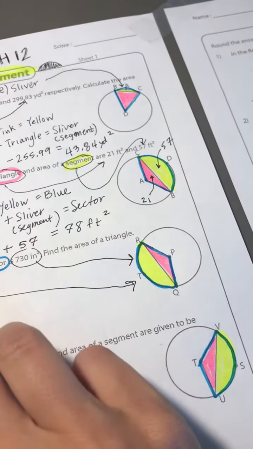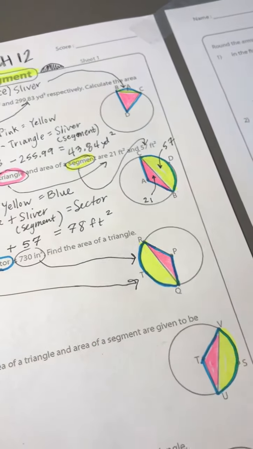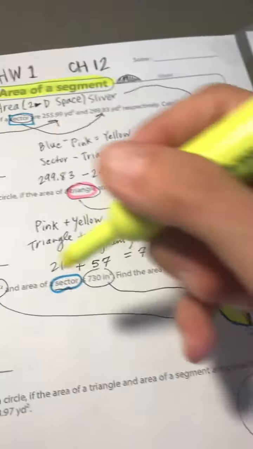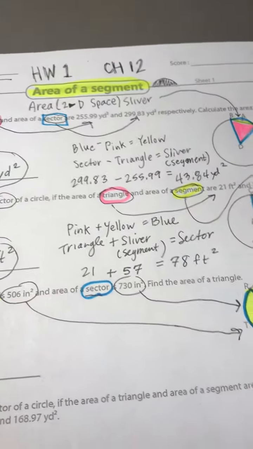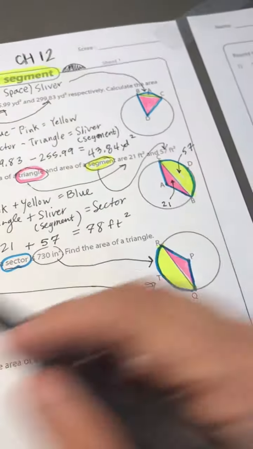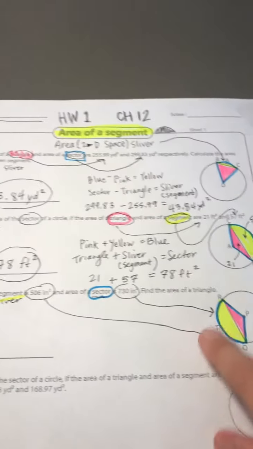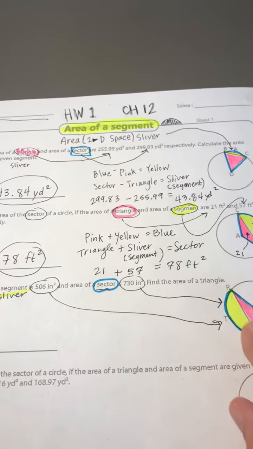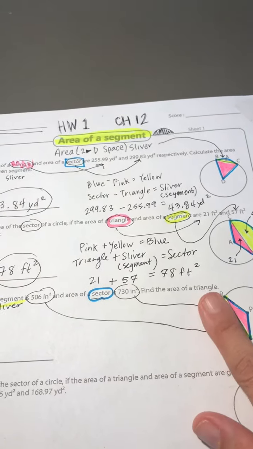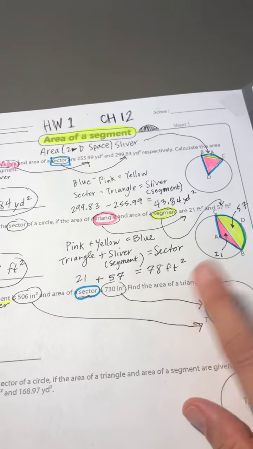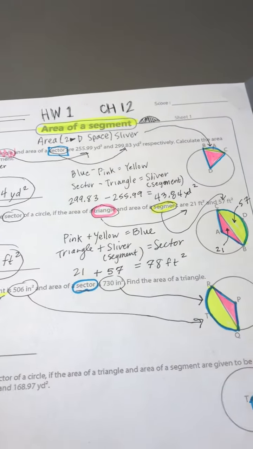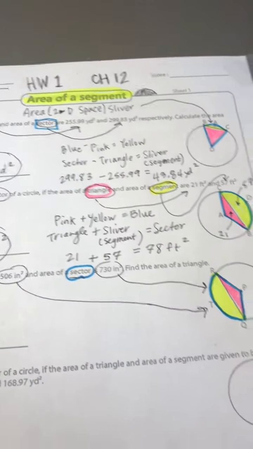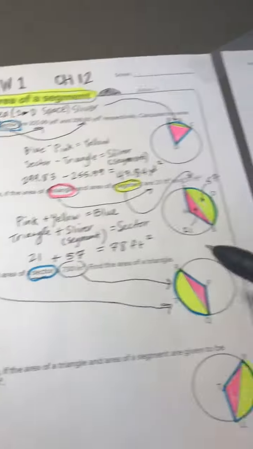And I know that the yellow part, so this is a little bit different, but I think again, logically, if I know the whole blue part is 730 and I know this part is 506, that if I subtract off the yellow part, I'm left with the pink part. And that is just walking through the logic of it.